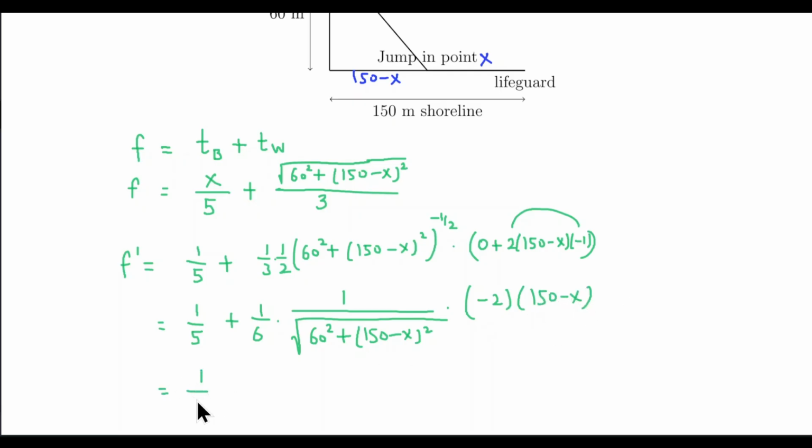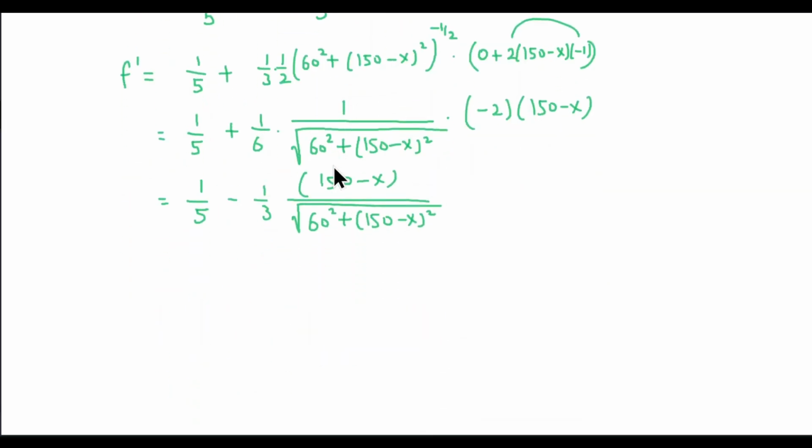Finally, this can also be written as 1 over 5, and negative 2 times 1 over 6 is negative 1 over 3. So negative 1 over 3, (150 minus x) over the square root of 60 squared plus (150 minus x) squared. Oh my goodness. Okay, equating that to 0 now.